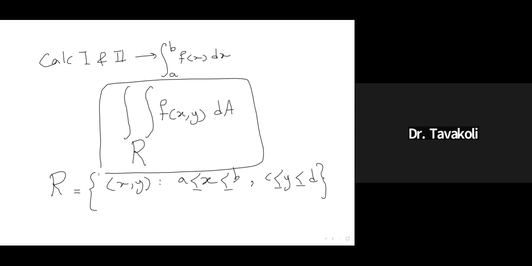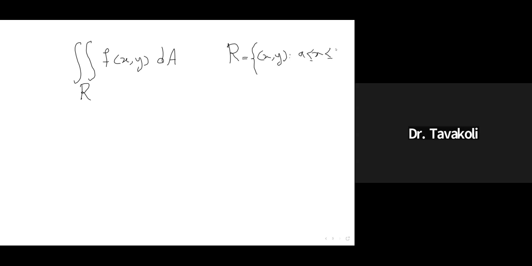And we assume that f of x and y is a continuous function. So here we are computing this double integral of f of x and y. And as I mentioned, R is a rectangular region. x is between a and b, and y is between c and d.